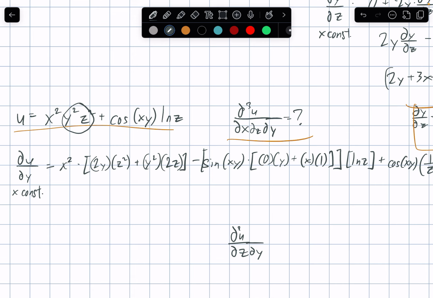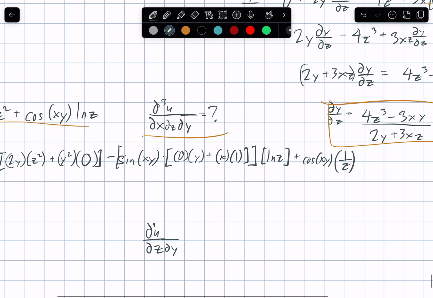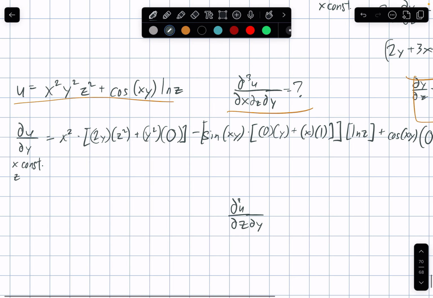So apparently, it's not just x that's the constant, also z. I overlooked that part. I'm sorry. 2y z squared plus y squared 2z. This is supposed to be 0. Here, that's going to be 0. Okay, so those are the only things that you have to change.